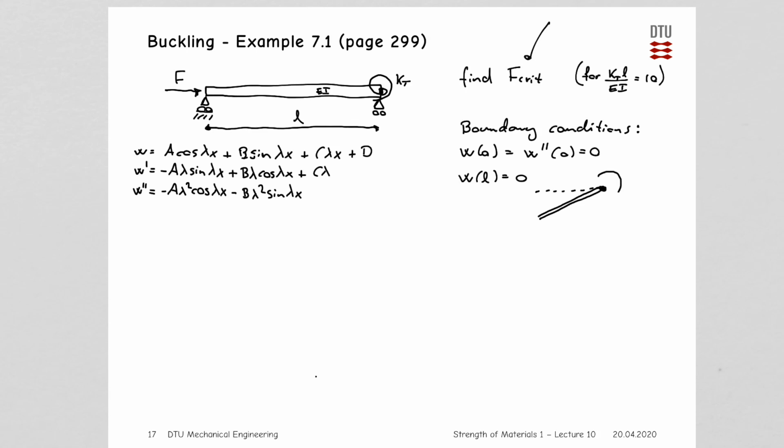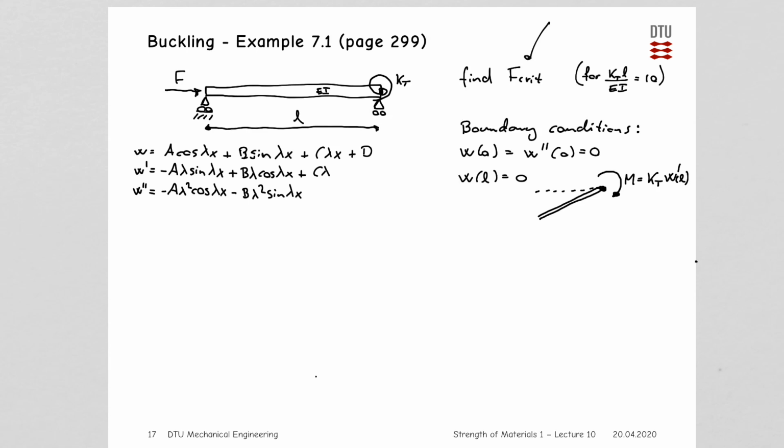So we have a moment coming from the support. Remember, the moment in a torsional spring is given by the torsional spring constant times the angle or the slope. So it's actually the slope at x equal to L, right? So we call it W prime of L.